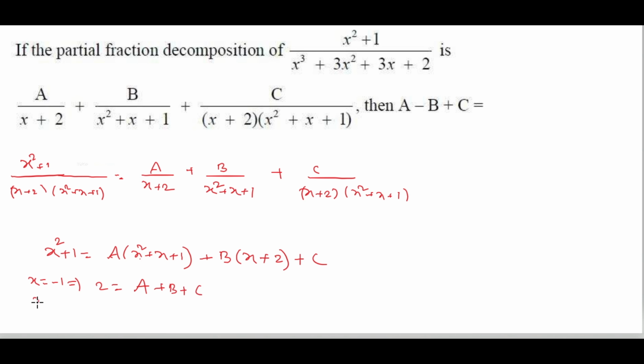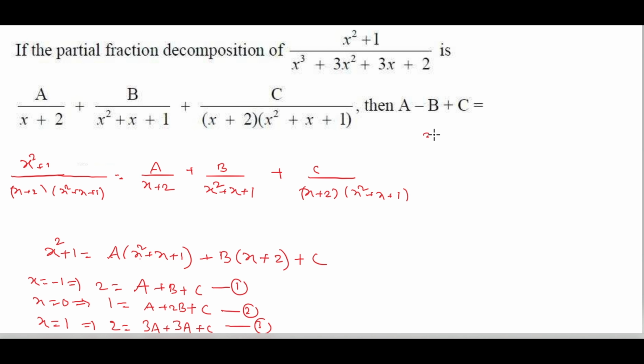Put x is equal to 0 in the given equation, that is 1 is equal to a plus 2b plus c, and put x is equal to 1, that is 2 is equal to 3a plus 3b plus c. This is the first equation, this is the second equation and this is the third equation.